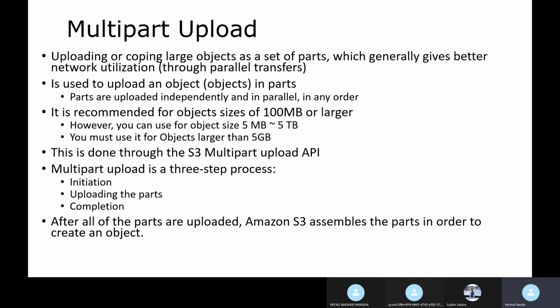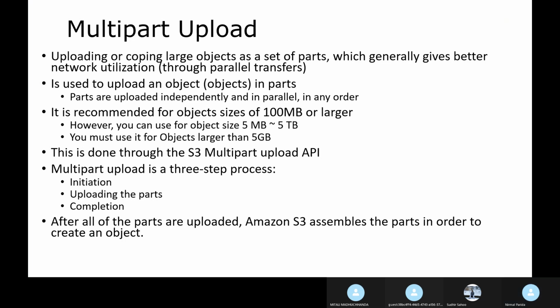For some movies the download speed is very high, and 1 GB of data can be downloaded in 2 to 3 minutes. How? They are using multiple parallel connections to download the data, and after that they merge it on your laptop. Similarly, you can use multi-part upload.